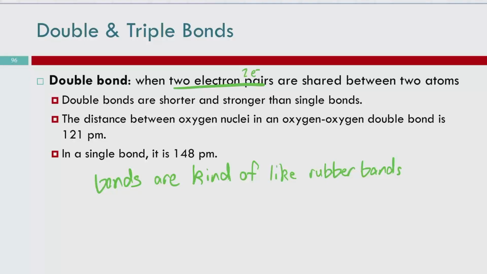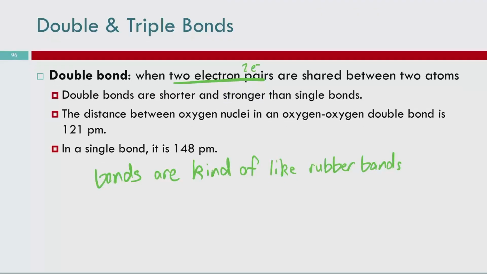If you put on another rubber band and you have the strength of 2 rubber bands, that's going to pull them a little bit closer because the rubber band is pulling them in. They're still repelling each other, so they're not touching. And since we've got two of them, they're going to be stronger. Double bonds are stronger than single bonds. The internuclear distance is a little bit shorter. It's 121 picometers versus 148 picometers.